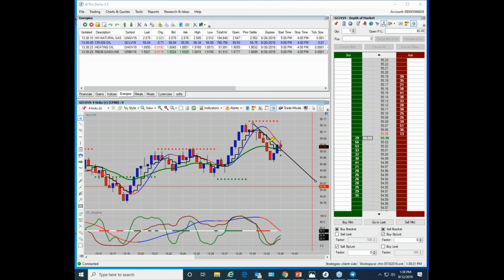The other thing is the black step line piercing the BBC right here. That's the other disqualifier. If that happens, no trade. The third, which we discussed earlier, is not trending.